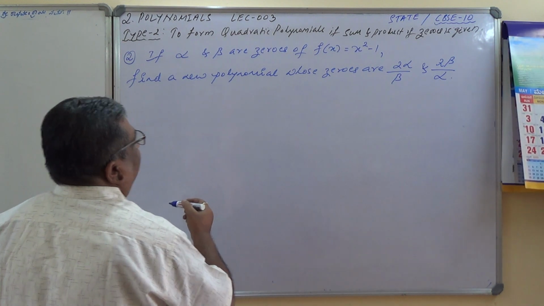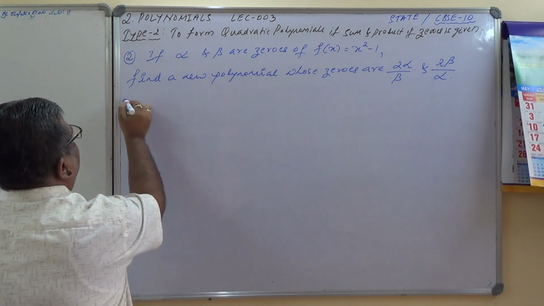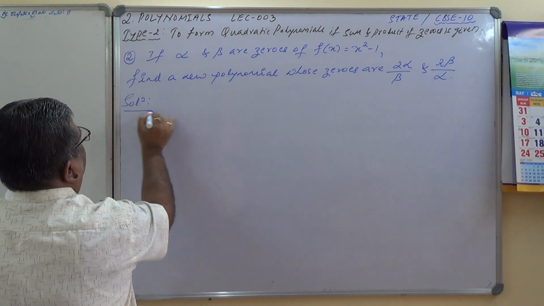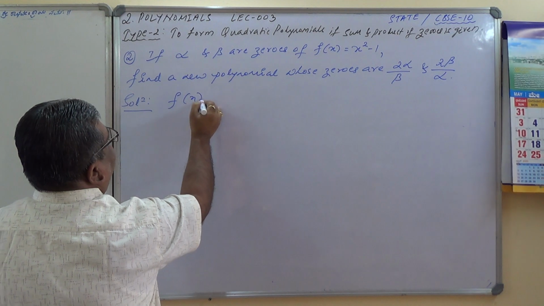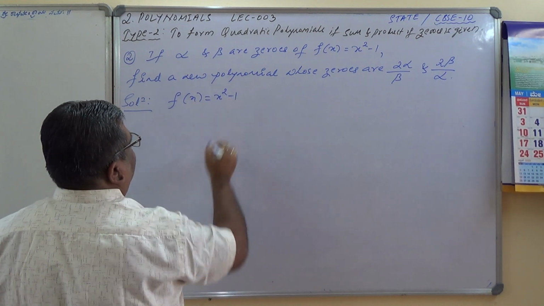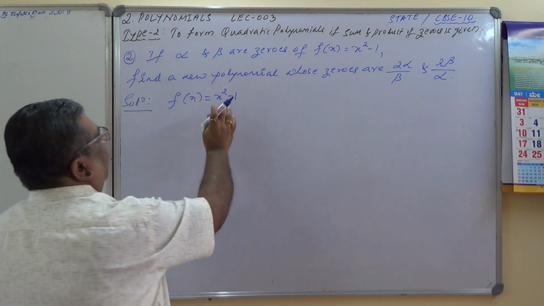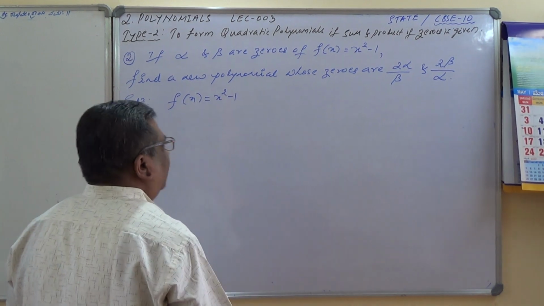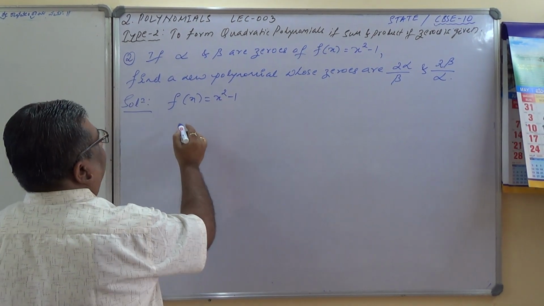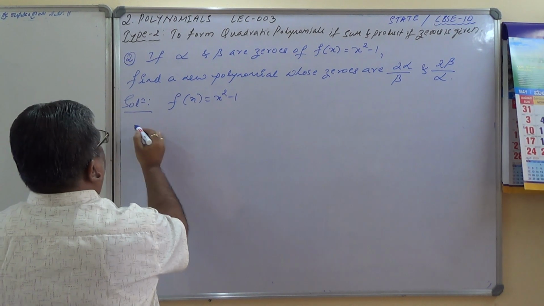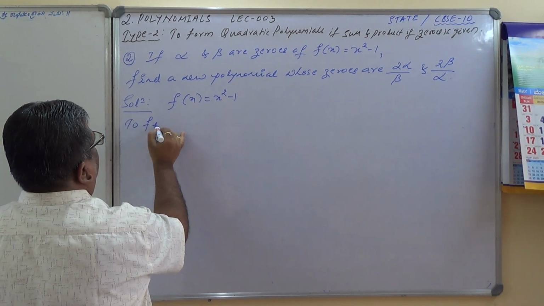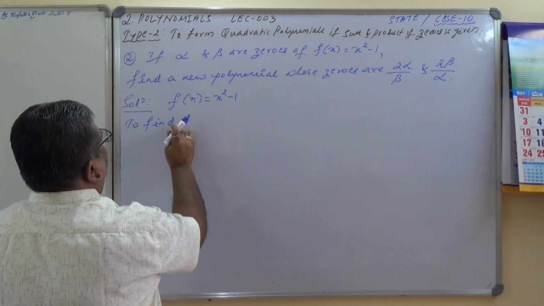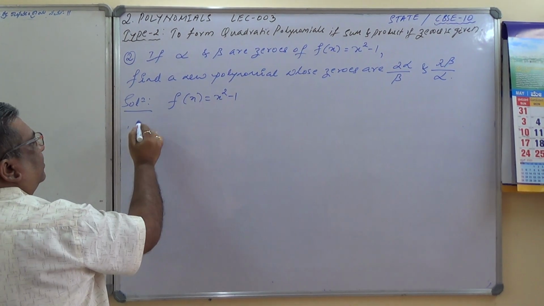X square minus 1. Solution. F of x equals x square minus 1, it is given to you. How do you find out the zeros of this one? You can find out the zeros by subjecting it to 0. So to find zeros, you have to subject it to 0.